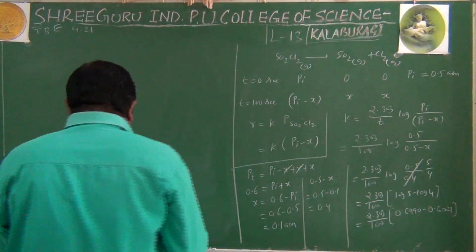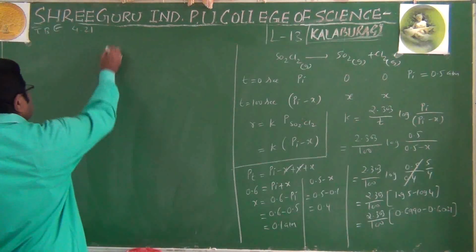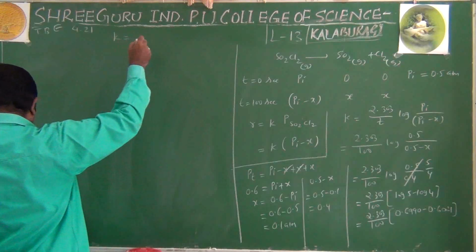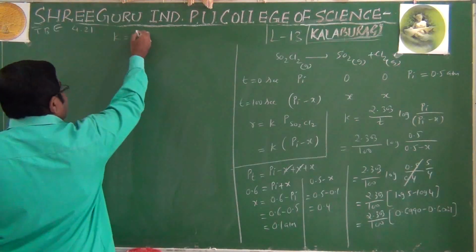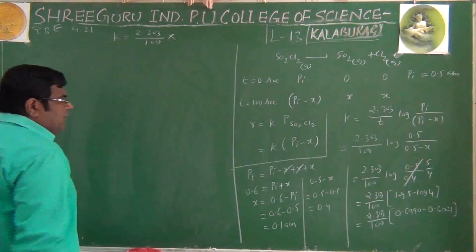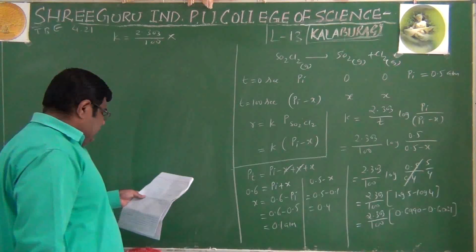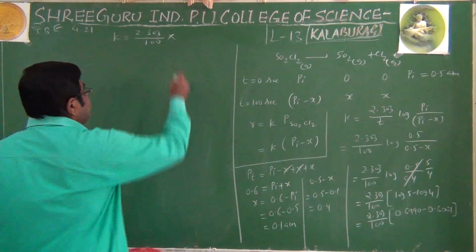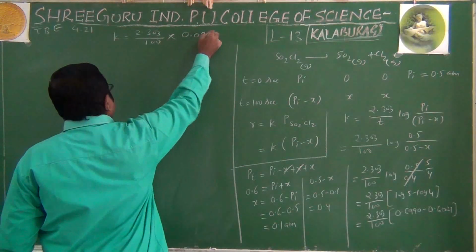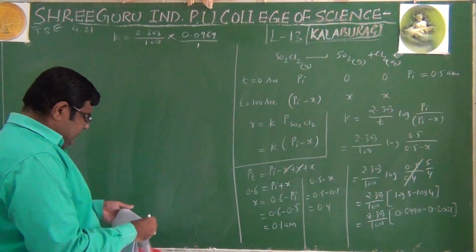Log 5 value and log 4 value I have written here correctly. So K equals 2.303 by 100 multiplied by this subtraction, which equals 0.0969.